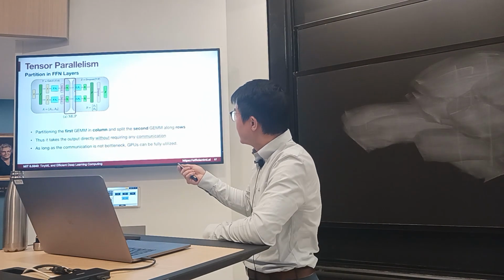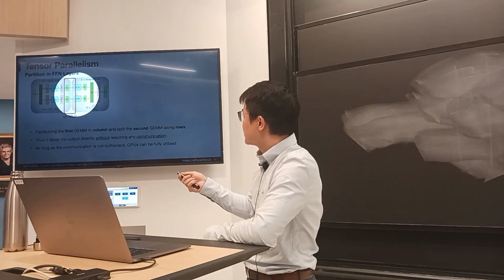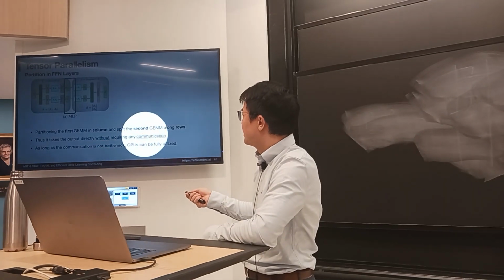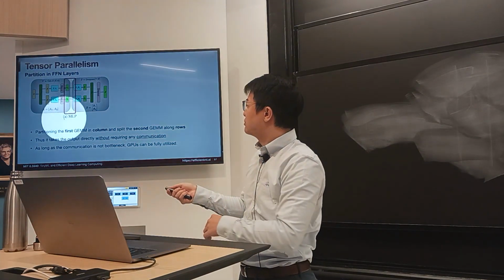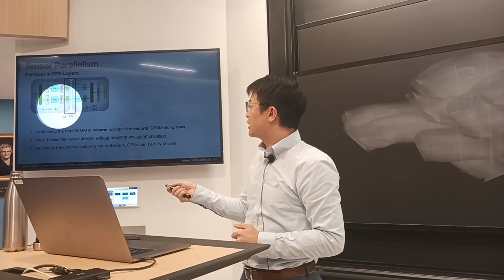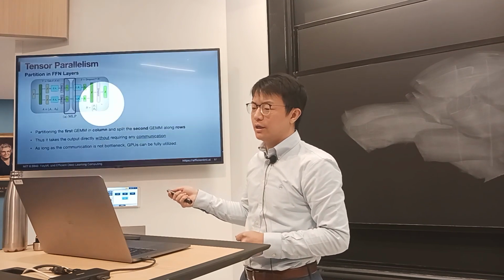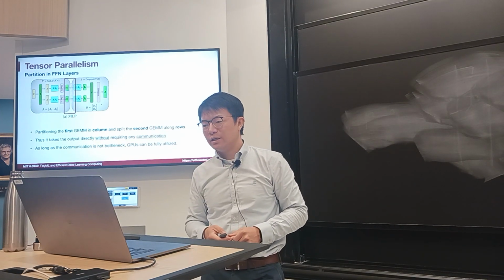And let's look at here in the middle of the MLP, we discussed that it doesn't require any communication, right? Because the first matrix is partitioned vertically, the second is partitioned horizontally, and no communication is needed in the middle.